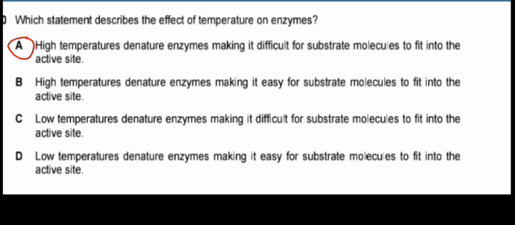But there will be a point where the enzyme activity reaches the optimum temperature. Exceeding the optimum temperature, enzymes are going to undergo denaturation. Once they are denatured, the active site of the enzyme is going to be destroyed. Therefore, the substrate is not going to fit on the active site. So the answer is going to be A.